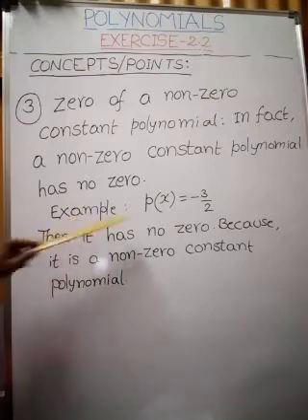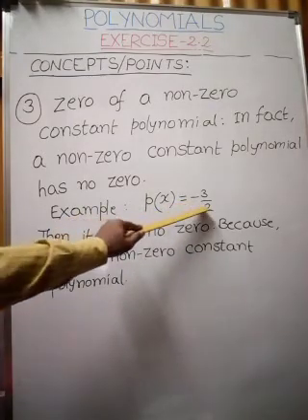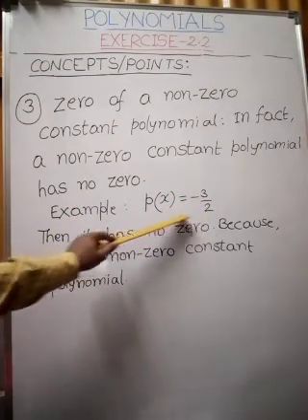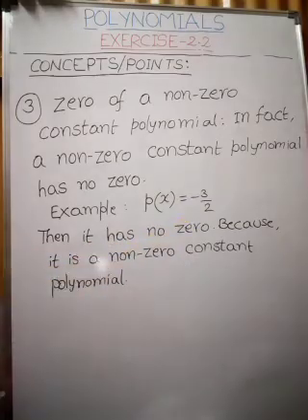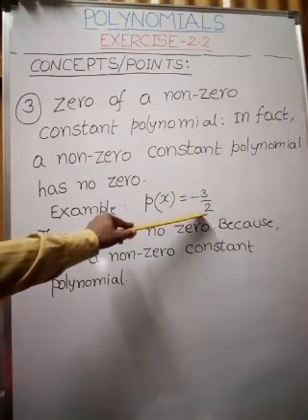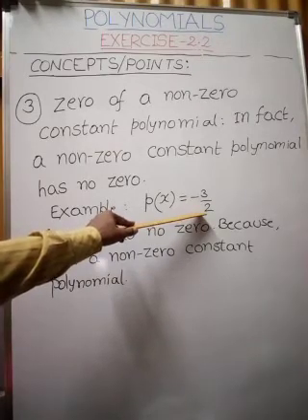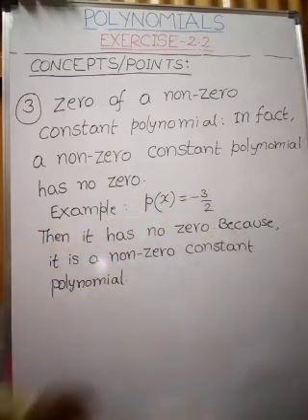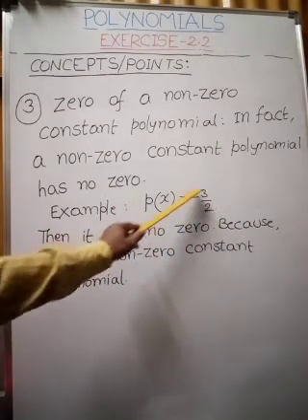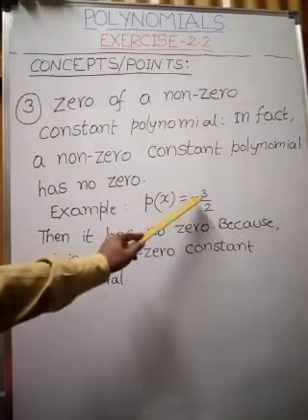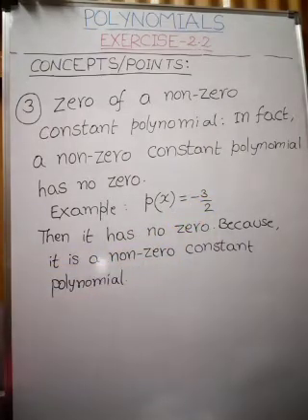For example, p of x is equal to minus 3 by 2. Suppose a polynomial is given like this. Then what kind of polynomial is this one? Non-zero constant polynomial. There is no x term, only constant term. That too a non-zero constant.